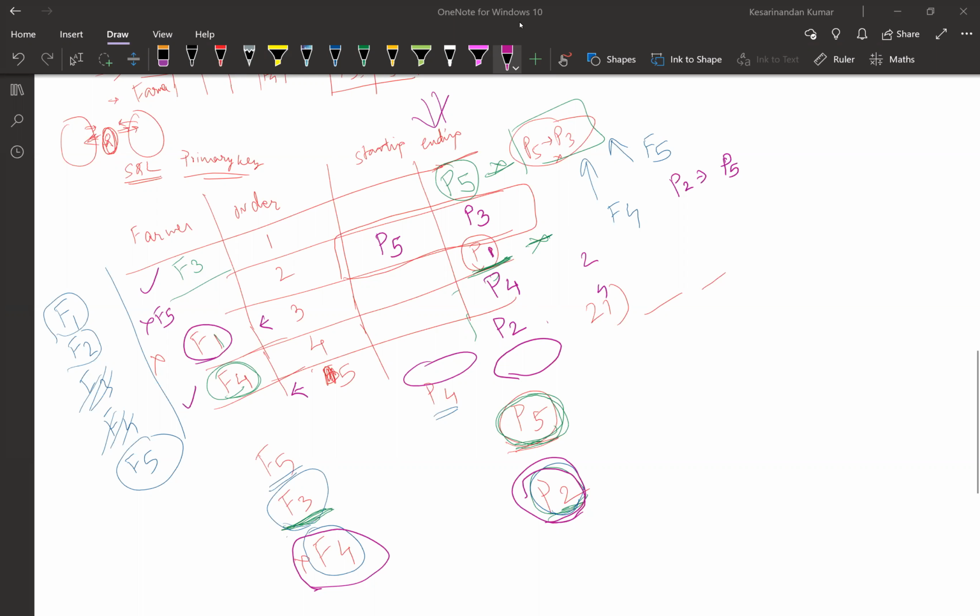Okay, so see, now the key point will be according to the given question, that in the first region, that is the first order, we have to put this one. Remember P2 to P5?